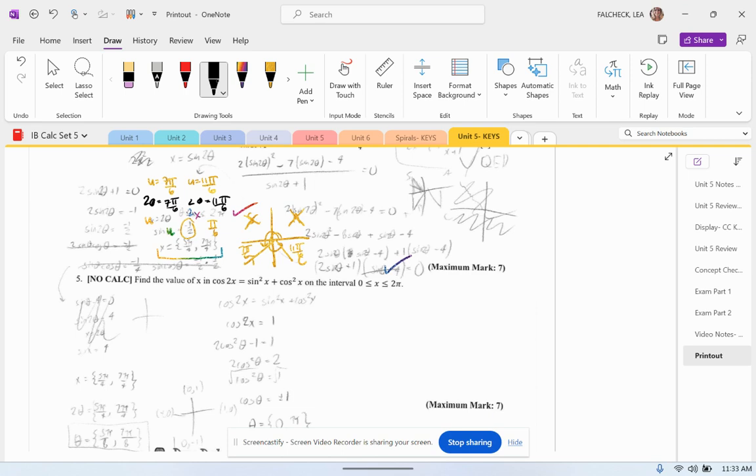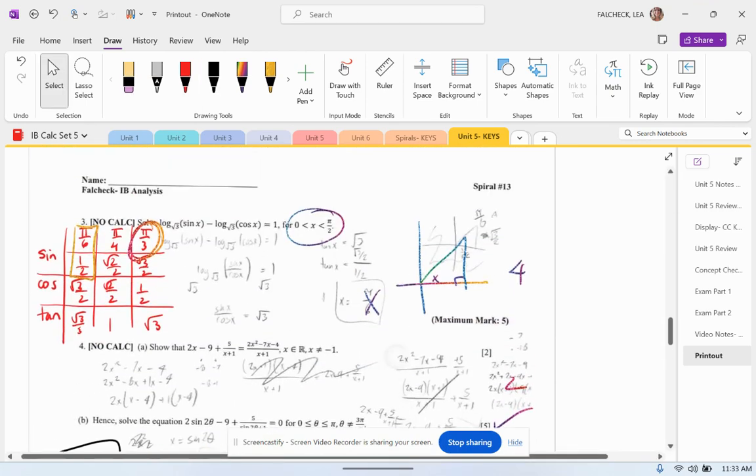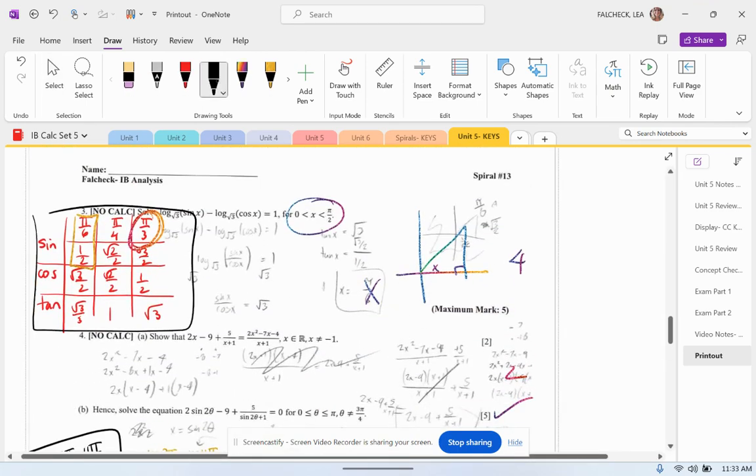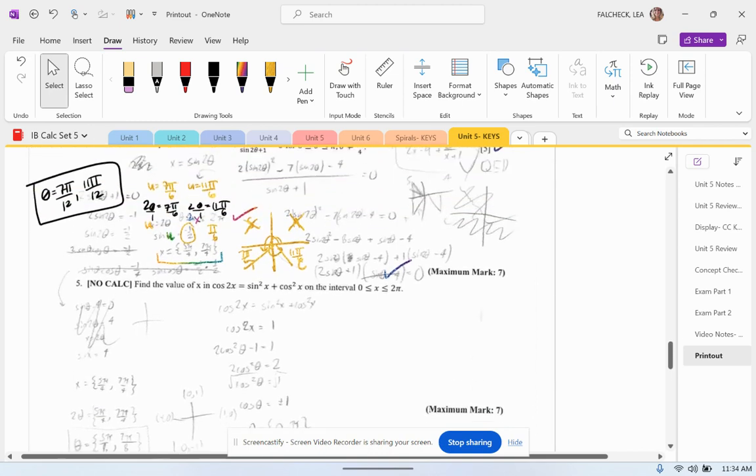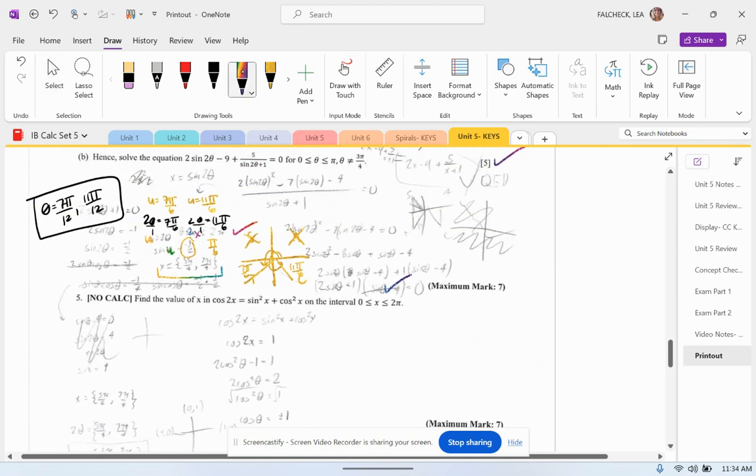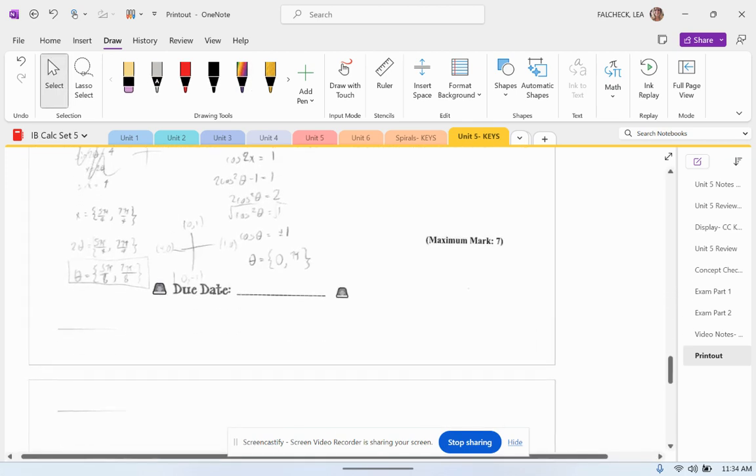And then we would just cross multiply and we would end up with solutions that theta is 7 pi over 12 and 11 pi over 12. So I think the big takeaway from this is that you just have to memorize this chart. That's right. Otherwise, you're doing great. So I think they would take off 1 point for accuracy, 1 point for reasoning, so you'd end up getting 3 for this one.